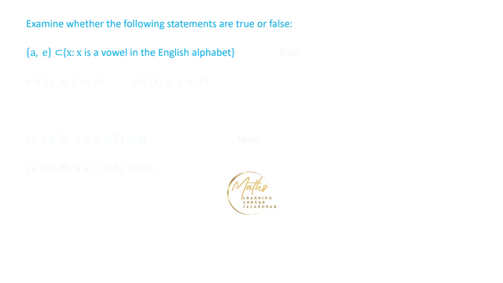If we list the vowels in the English alphabet, they are A, E, I, O, U. The set has two elements. We have to check whether A is present in this set. A belongs to this set. Next element is E. So E also belongs to this set. It means that this statement is true.